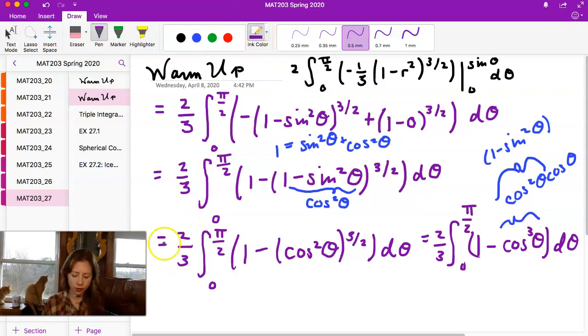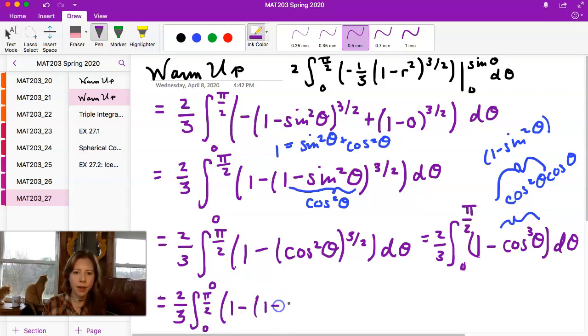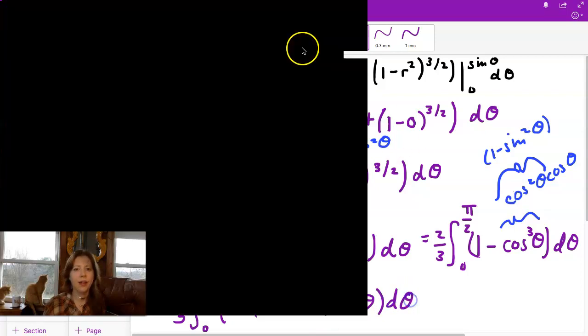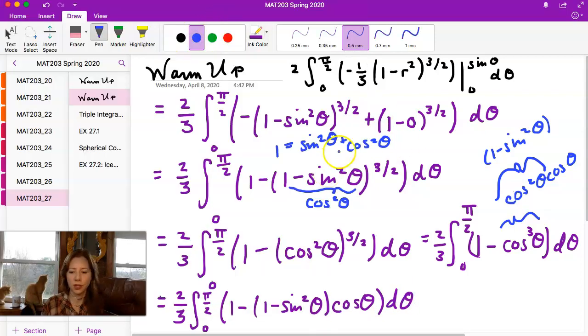So this is going to be equal to 2/3 times the integral from 0 to pi over 2. And then we're going to have 1 minus sine squared theta times cosine theta d theta. Okay, now we're ready for our u substitution.